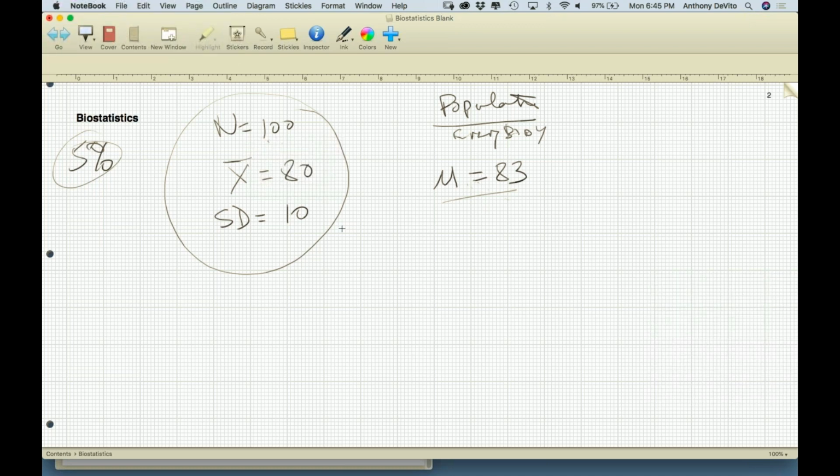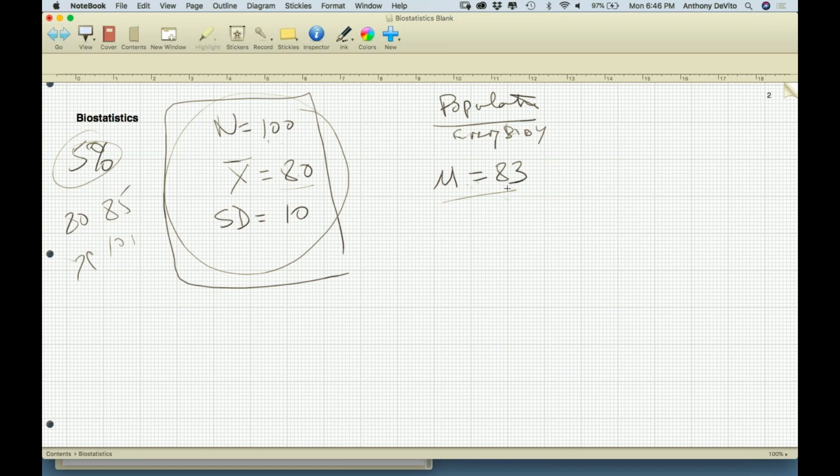Before I took this sample, I didn't know if my population was going to come out 80, 85, 79, 115. I didn't know what I was going to get. So before I took the sample, I was not able to predict whether my sample average would come out higher or lower than 83 for this other population.